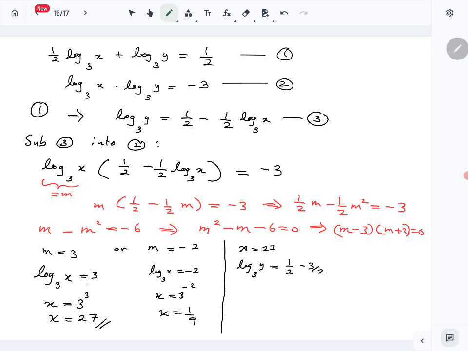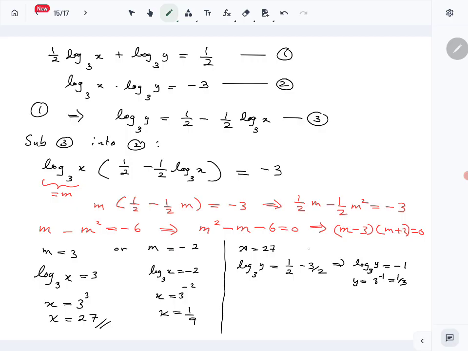Because we know log 3 of 27 is 3, so 3 over 2. So log 3 y equals minus 1. So y equals 3 to the minus 1, or 1/3.